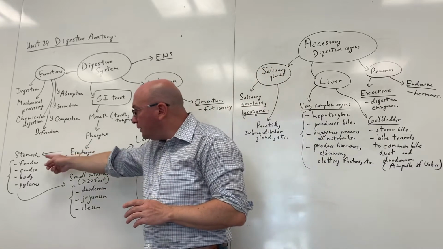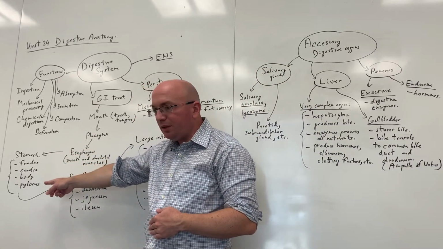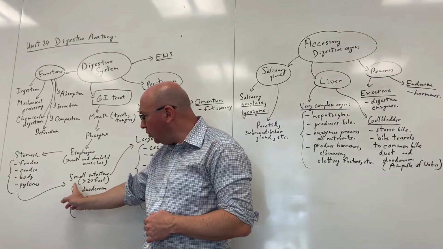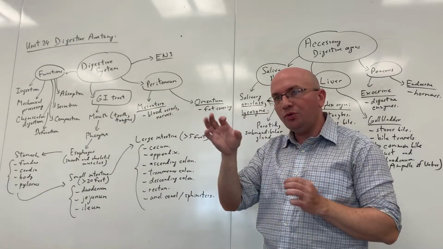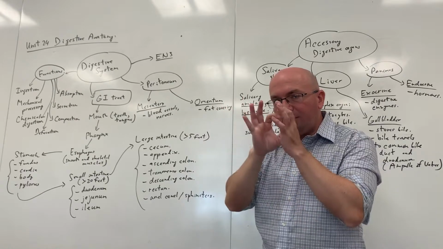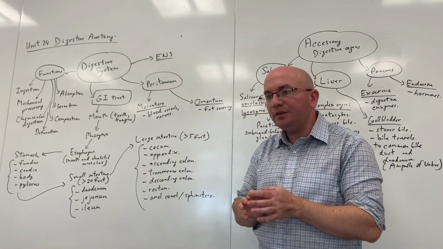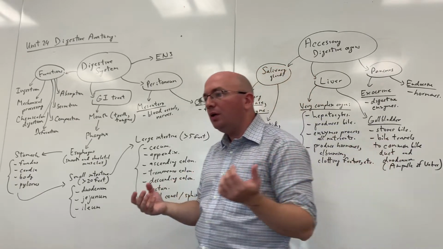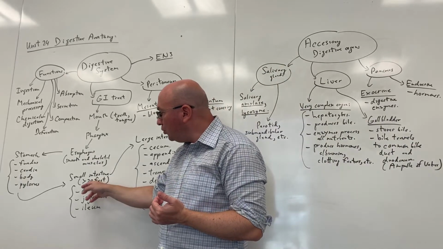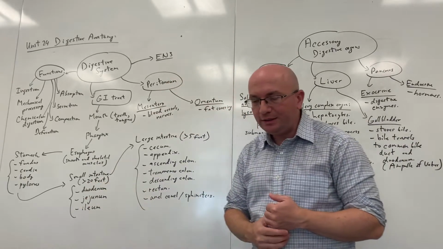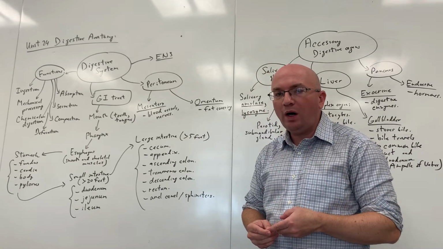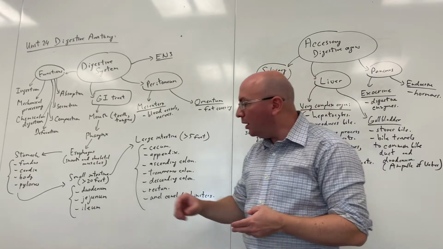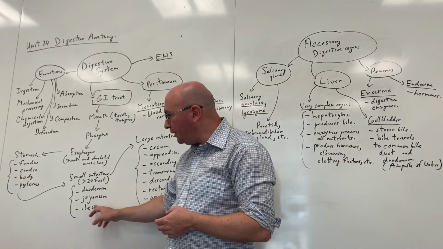So once the food passes from the pyloric sphincter into the small intestine, as we notice, the small intestine is named small due to its cross-sectional caliber. It's actually a very long structure, at least 20 feet long in a human, and consists of three major components: the duodenum, the shortest portion, and then the much longer jejunum, and then the ileum.